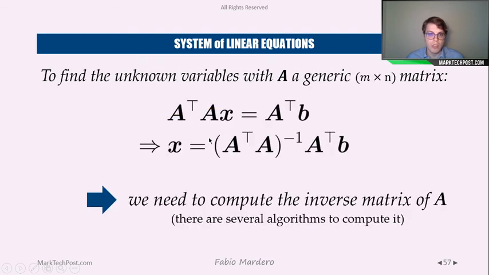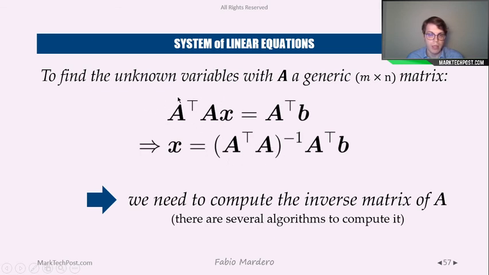In a generic case, we need to do a trick, the trick that I've explained to you earlier. We multiply both sides with the transpose matrix. So here we multiply on the right and on the left. Then, since this is a square matrix, we can take the inverse.